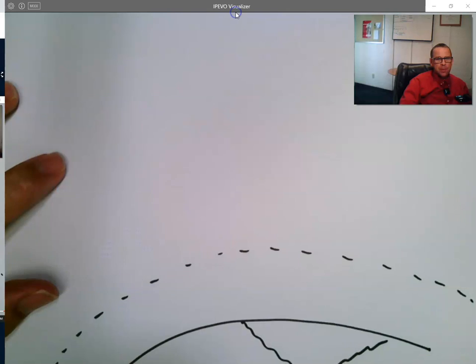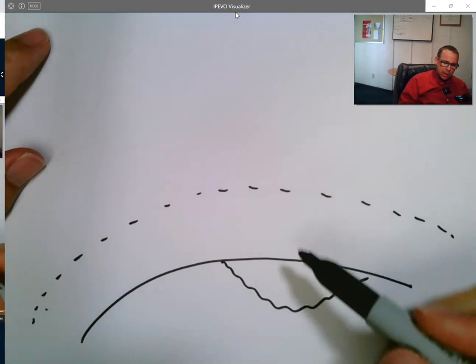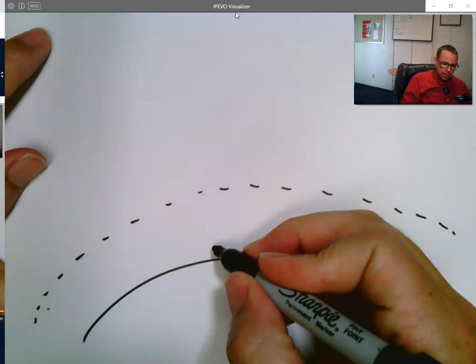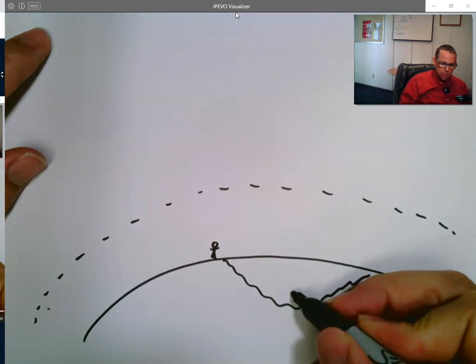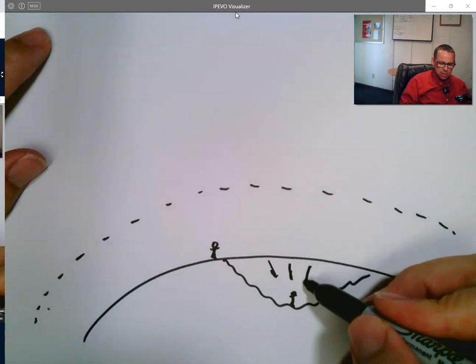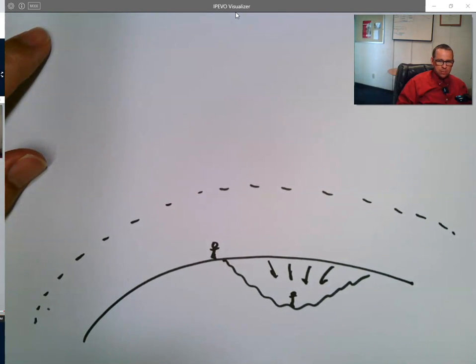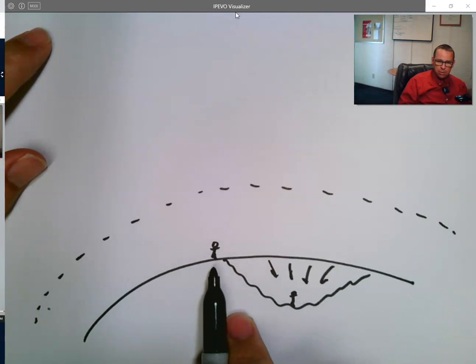That's right. Okay, so one last thing before we go. Here is the ocean. Here's a person, right? We said that when a person goes to the bottom of the ocean, they have a lot of pressure on them because of all of this weight of the water. Well, this person doesn't know it because they're not used to thinking of it this way, but they are also at the bottom of the ocean.